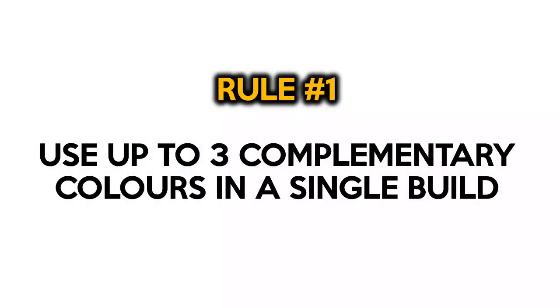Why don't we just start with rule number 1? Rule number 1 is the use of colors. Use up to 3 complementary colors in a single build. Now, what do I mean by that? A lot of times I see people use a whole bunch of colors in a build, or they use only one color, or they use colors that don't necessarily go together well.